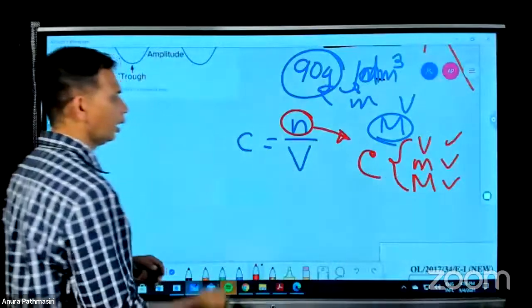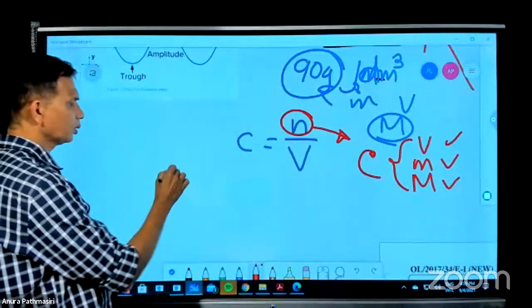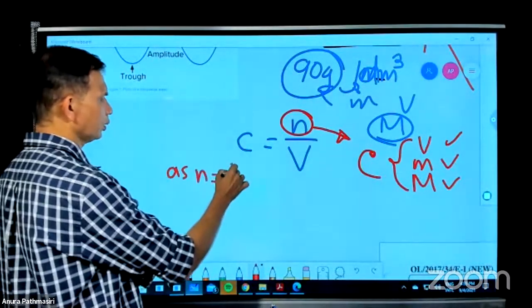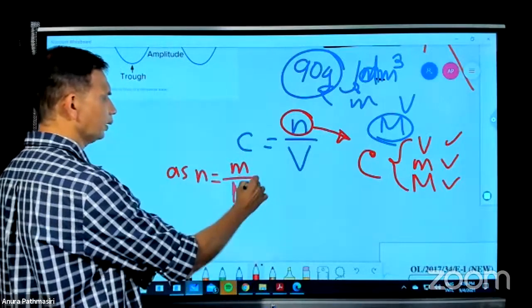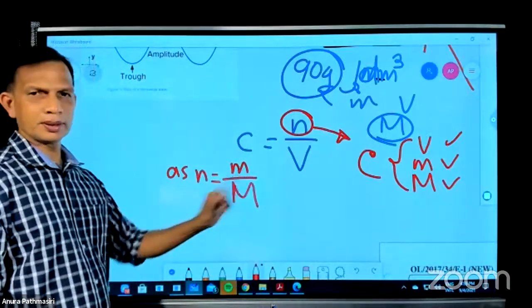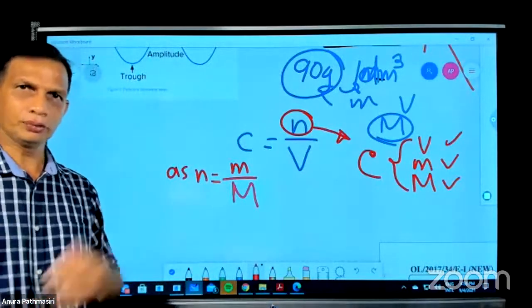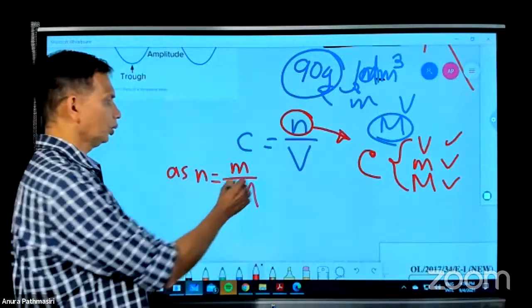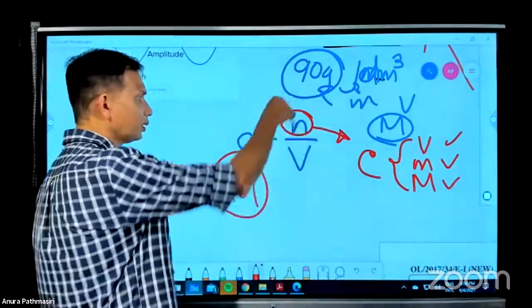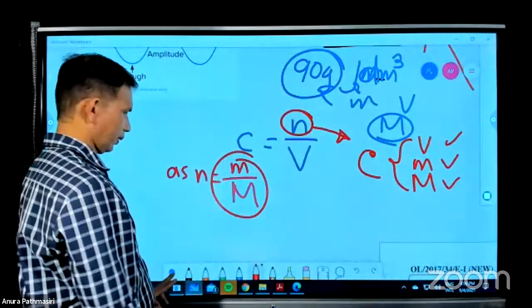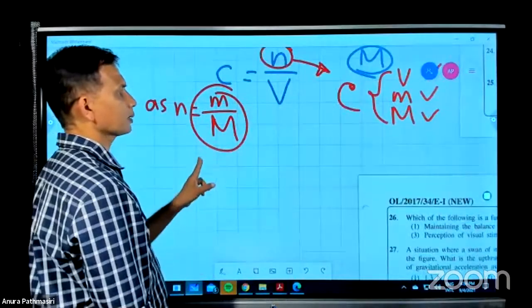What I am going to do is, by using this equation, substitute n using two of them. How? As we know, n equals simple m over capital M. Simple m is the given mass and capital M is the molar mass of glucose. So substitute that with simple m.